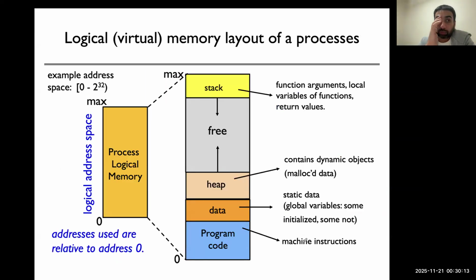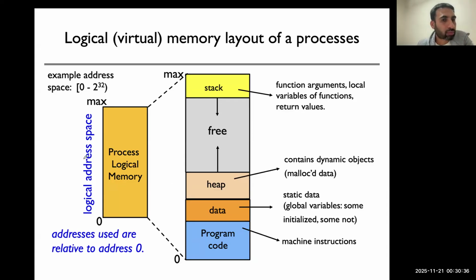Okay. So what is the logical or virtual memory layout of a process? How is the logical address space of a process laid out? And again, when we say logical address space, the address range seen by the process consists of addresses generated by the process.